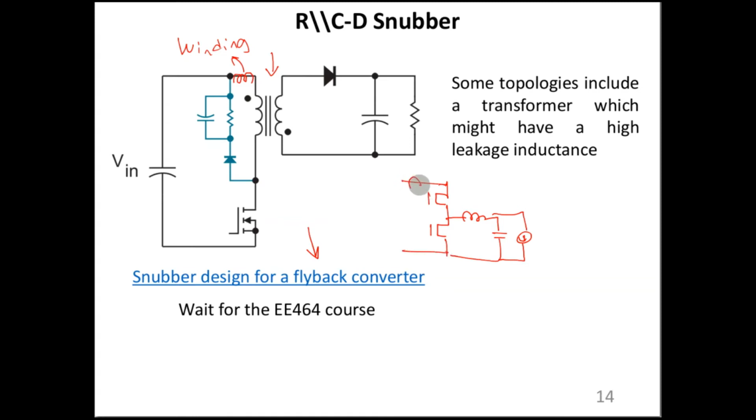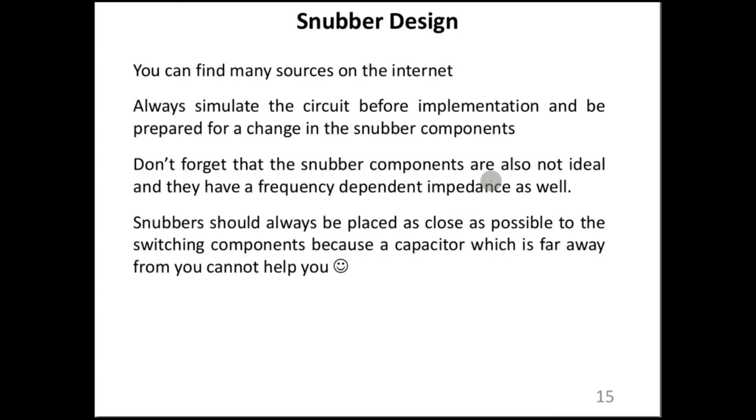So here the inductance is mainly caused by our PCB design, and the in-package inductances of our MOSFETs or the other type of switching components. We can do something to reduce these PCB inductances by optimizing our layout design, and we are going to talk about them in the next slides.